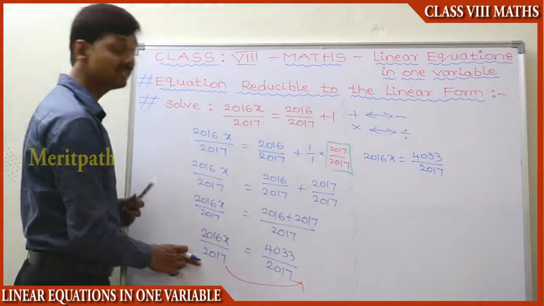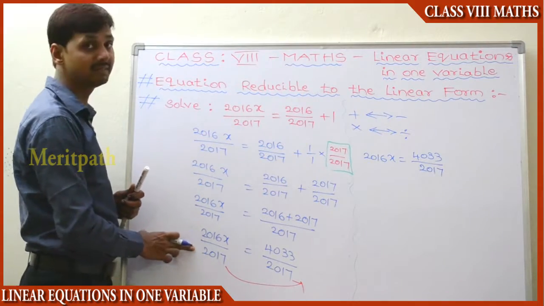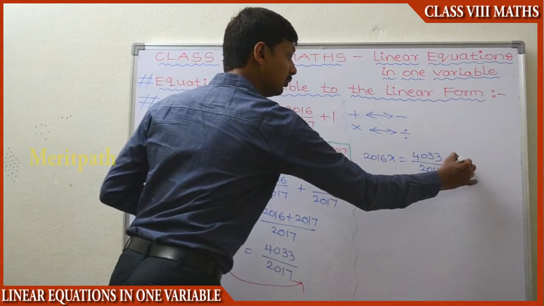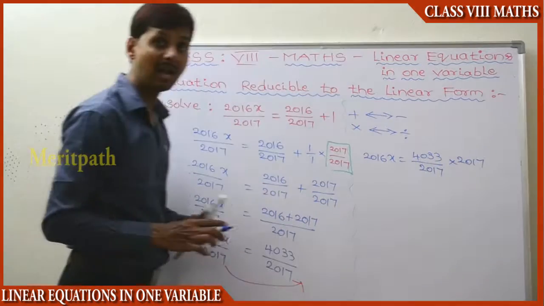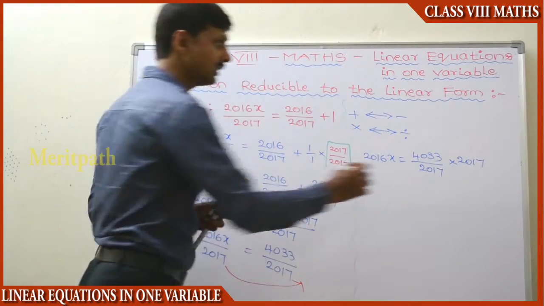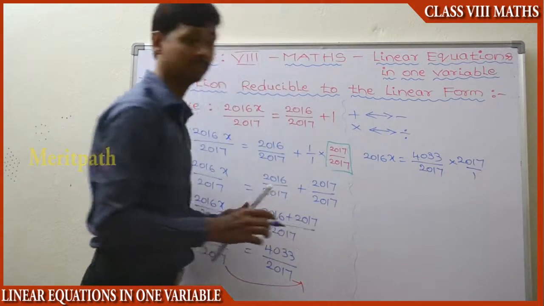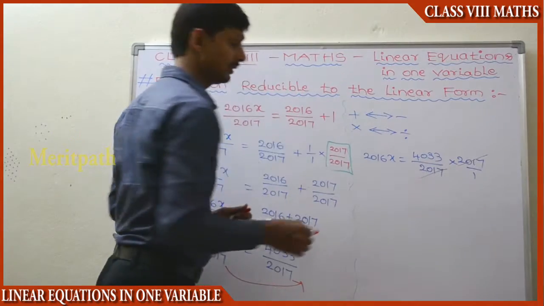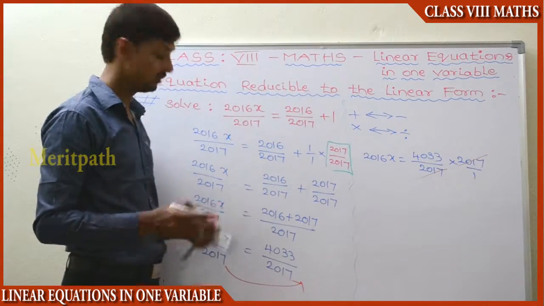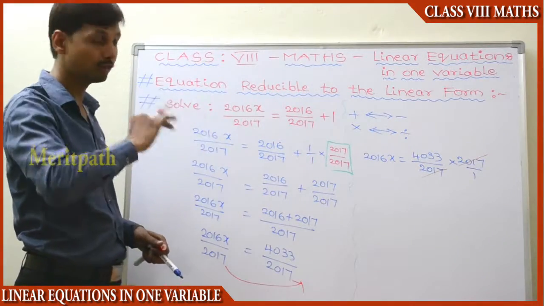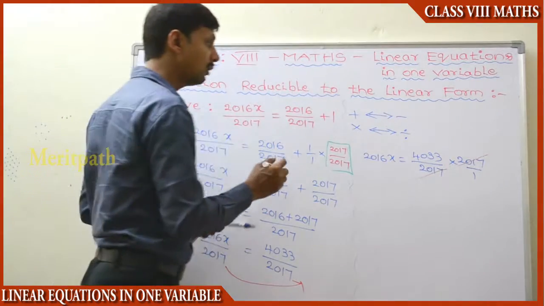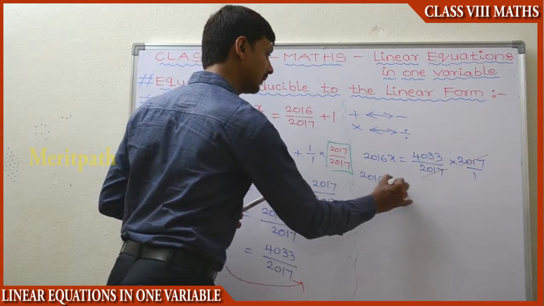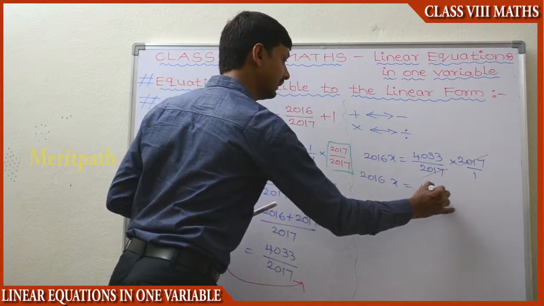We have transposed this 2017; division becomes multiplication, so it becomes into 2017. After that, it is the numerator part and the denominator is nothing but 1. So cancel this 2017. After transposition, we got numerator and denominator, we cancel. So we got here 2016x is equal to 4033.